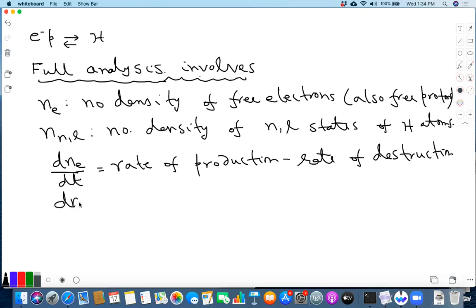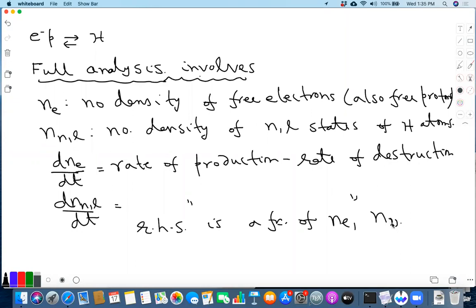And similarly for the other ones, also the rate of production minus rate of annihilation. And the idea now is that the right hand side is a function of Ne and NNL, all these quantities.